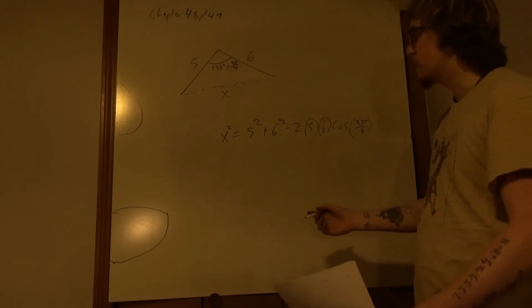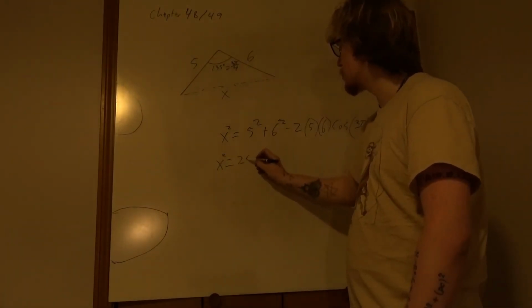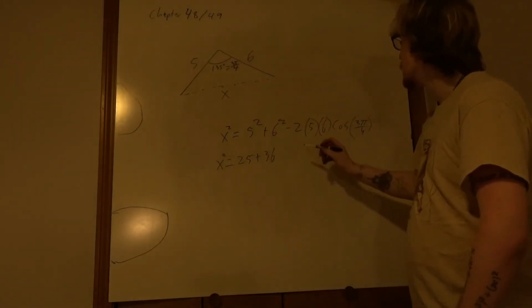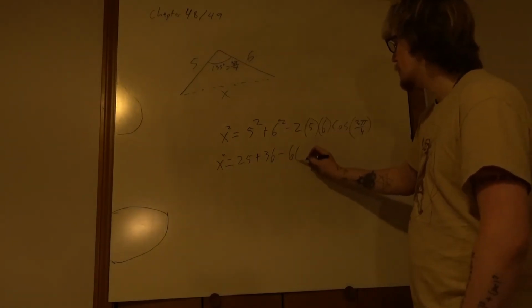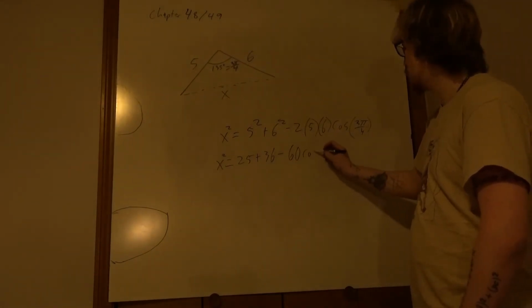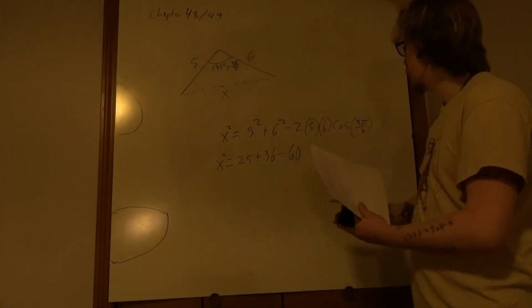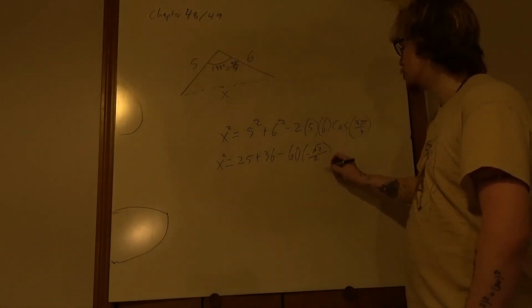Now we start evaluating things. So x squared is, well, 5 squared is 25, 6 squared is 36, 2 times 5 times 6 is going to be 60, and the cosine of 3 pi over 4 is going to be negative root 2 over 2.